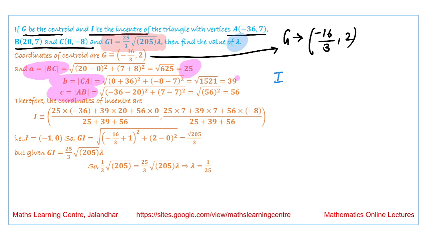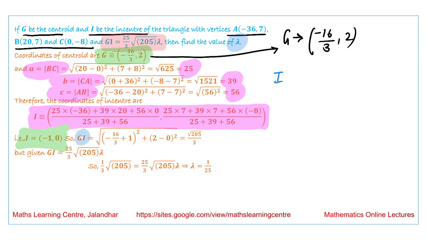The answer we have is 25, 39 and 56. These are the lengths of the sides BC, CA and AB. Using these three lengths we can obtain the coordinates of the incenter of the triangle. By using this formula we obtain that the coordinates of the incenter are (-1, 0). So we have obtained the coordinates of the centroid G and of the incenter.